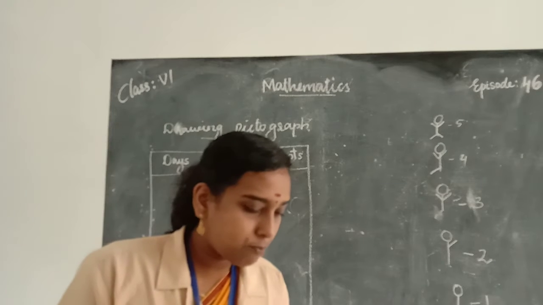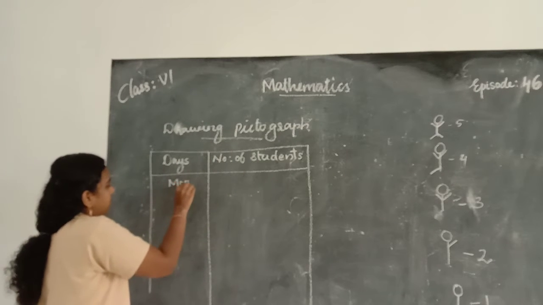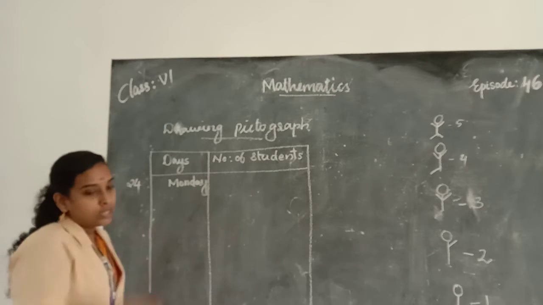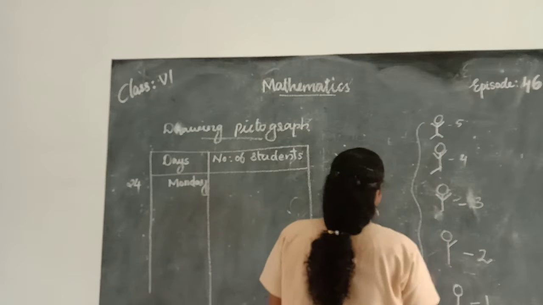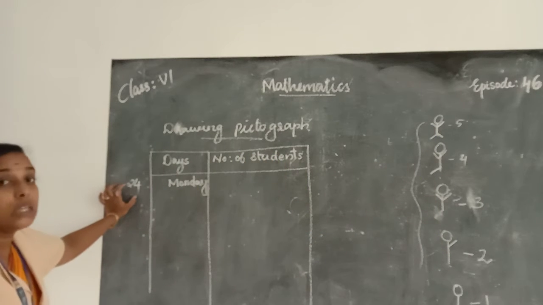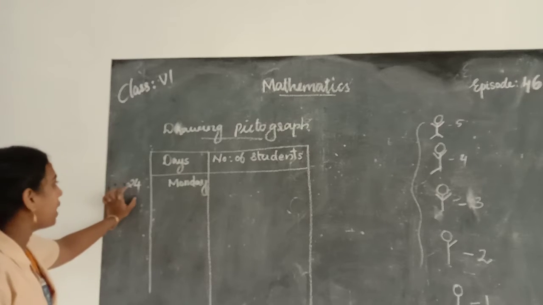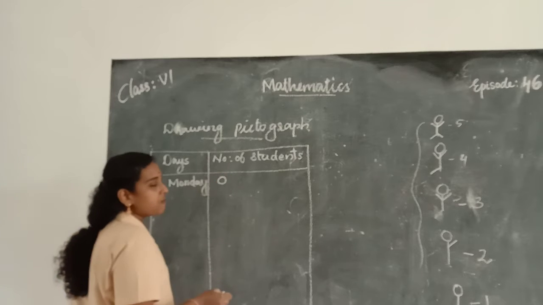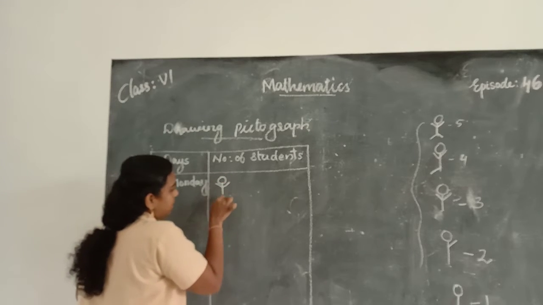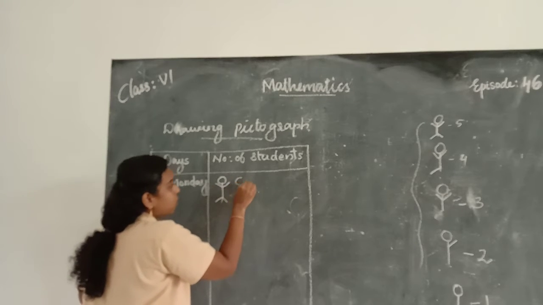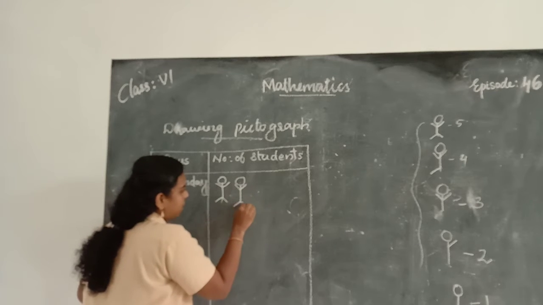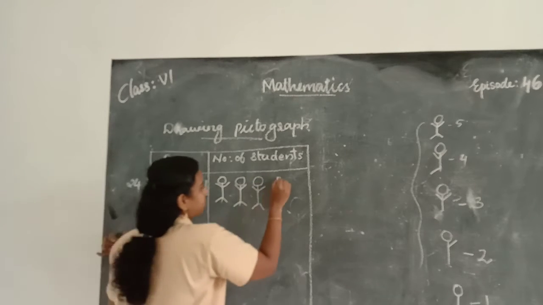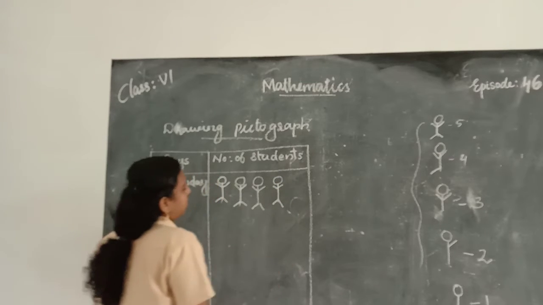Here the first day is Monday. There were 24 students present on Monday. So you take the symbols. 15 plus 5, 20.